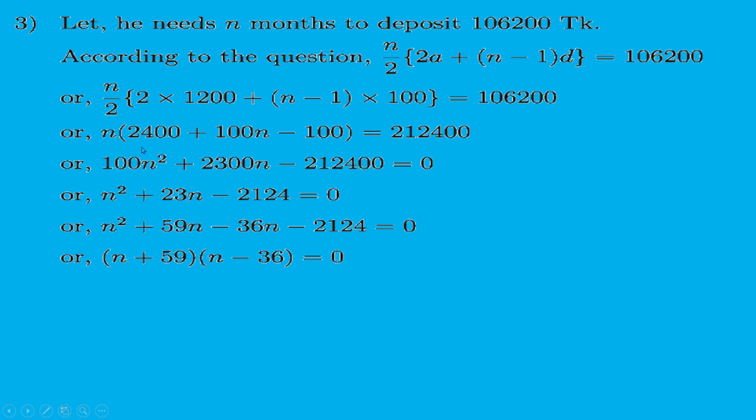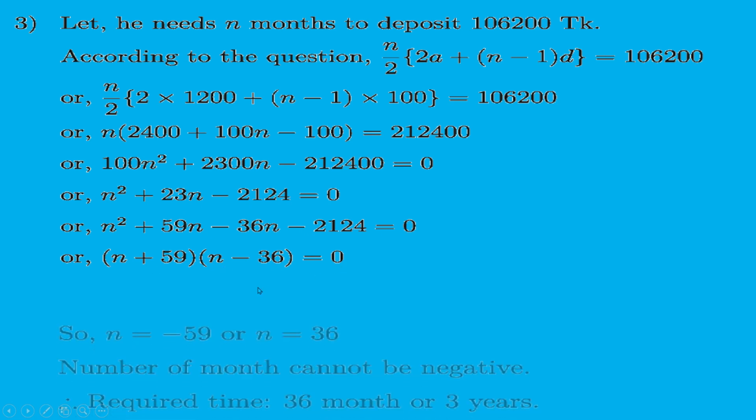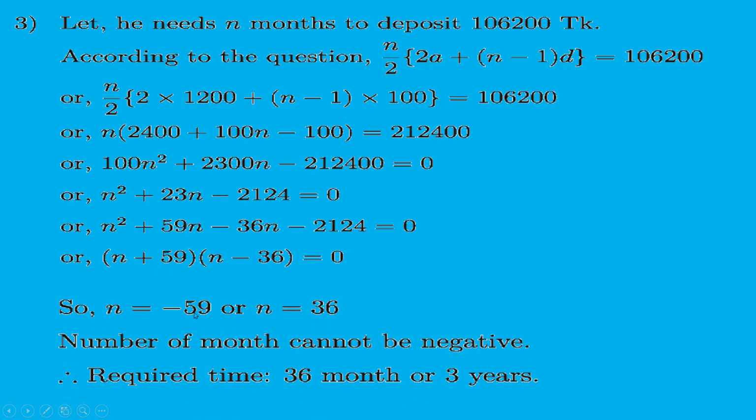After calculating, here we will get 100 n square plus 2300 n minus 212400 is equal to 0, or n square plus 23 n minus 2124 is equal to 0, or n square plus 59 n minus 36 n minus 2124 is equal to 0, or n into n plus 59 minus 36 into n plus 59 is equal to 0, but n is equal to minus 59 is not acceptable, or n is equal to 36.